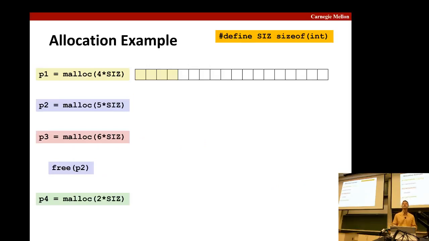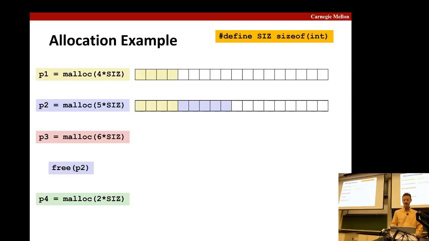So let's continue with an example. Here it starts off all free, and now we get this first call to malloc for 4 times the size of int. Just to keep the notation small, we're going to define siz to be sizeof(int). And so we see that it just takes the first 4, and the next one just takes the next 5.